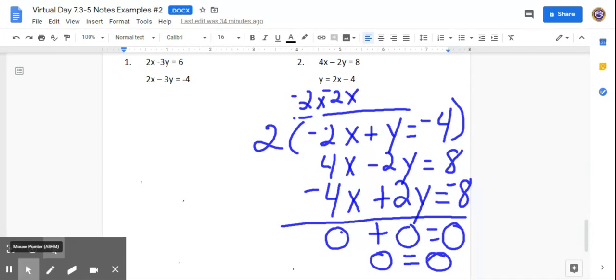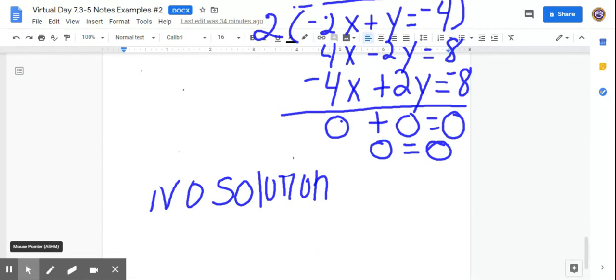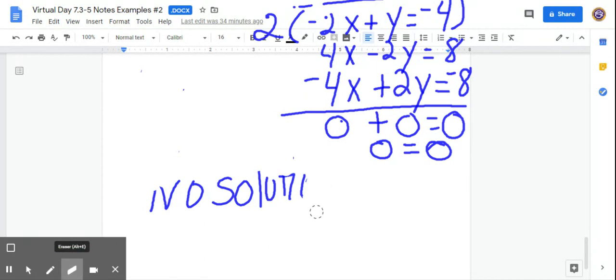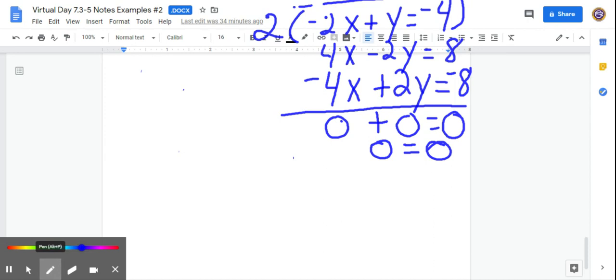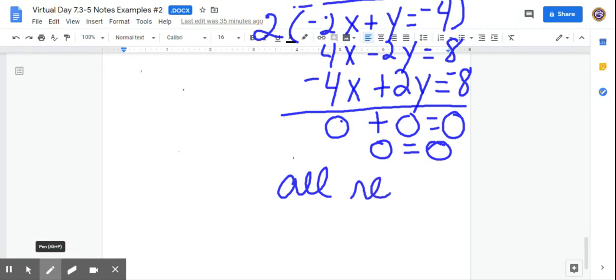That's a true statement. So because that's a true statement, it's going to be all real numbers. Because no matter what number you put in this equation, it's always going to work. So all real numbers.